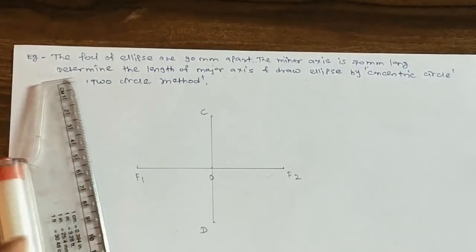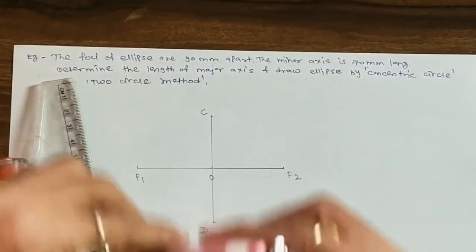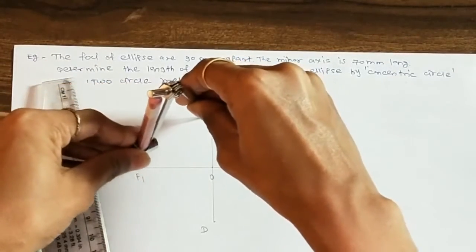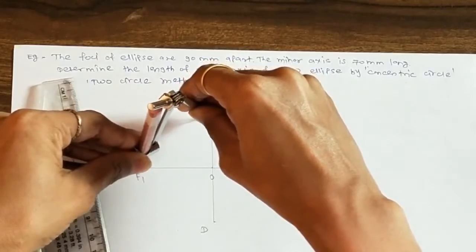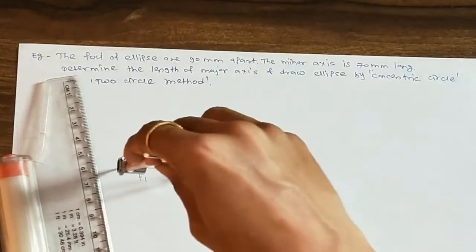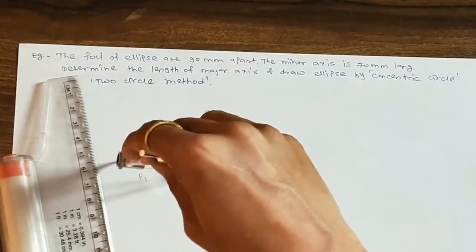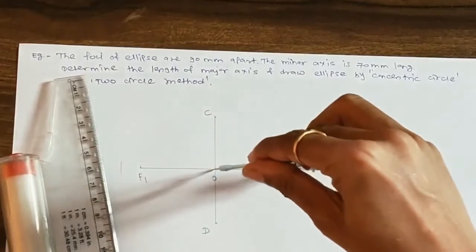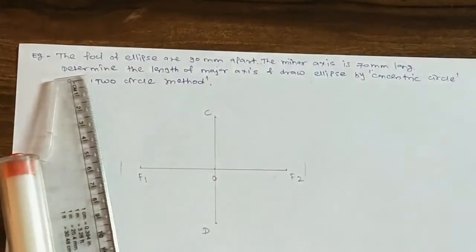Then take CF1 as radius and O as center, and draw the arc on this side and on this F2 side also.